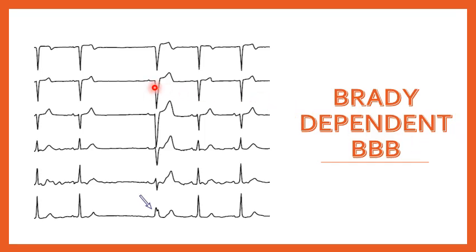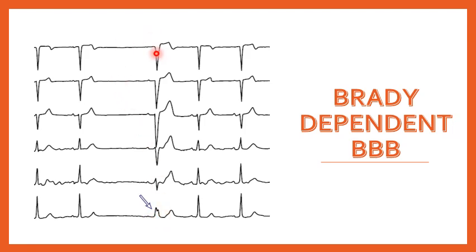Okay, so here's another example. You can see another example here where the patient slows down and the resulting complex becomes wide. So if this were a V1 tracing, for example, that would be an RSR prime configuration. But this actually is, looking across the chest leads, V6.